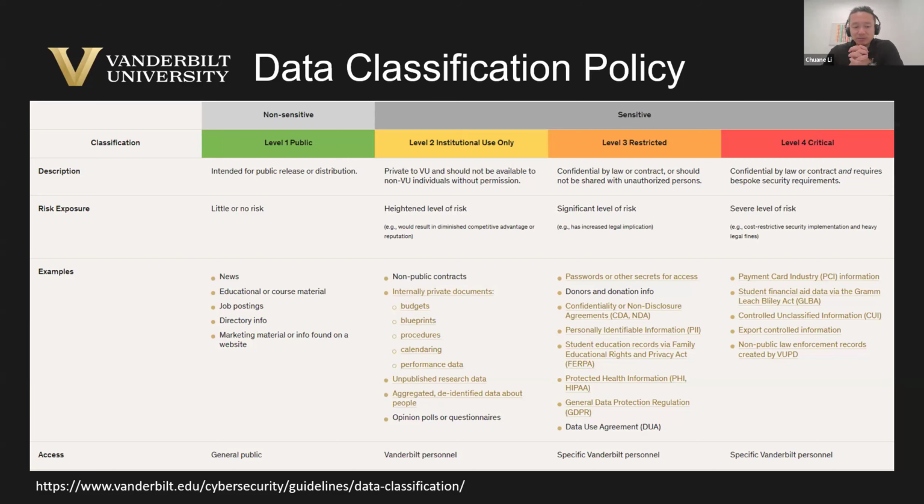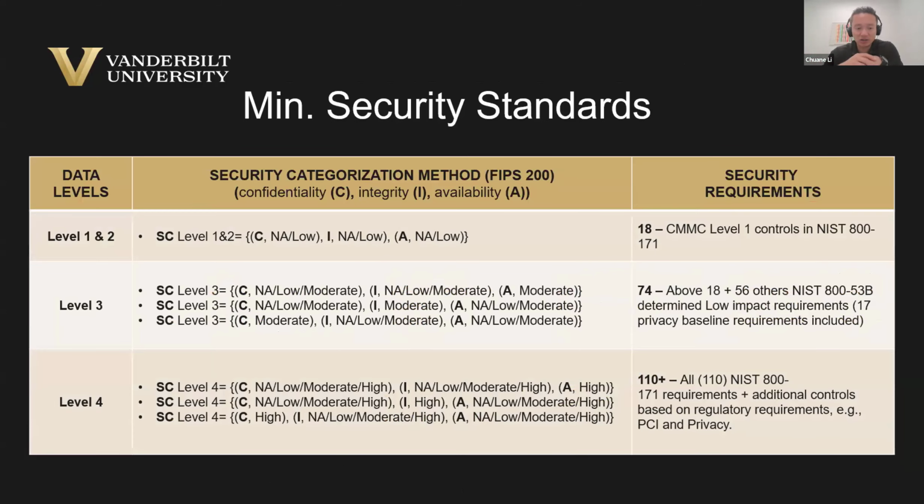With our data classification policy as a North Star, we developed 3 categories of security standard, which map to each data classification. This is us trying to operationalize the institutional data classification policy from a cybersecurity perspective.